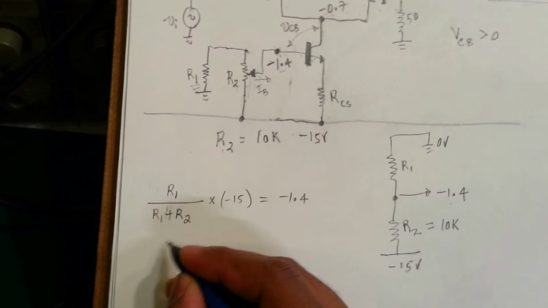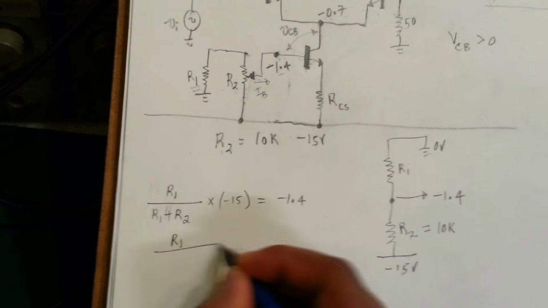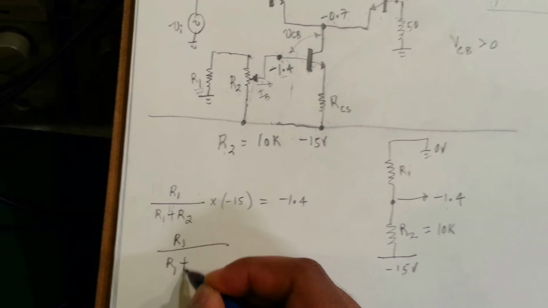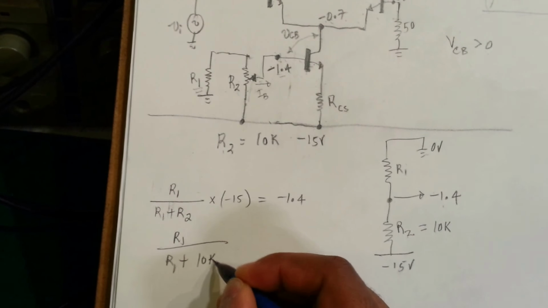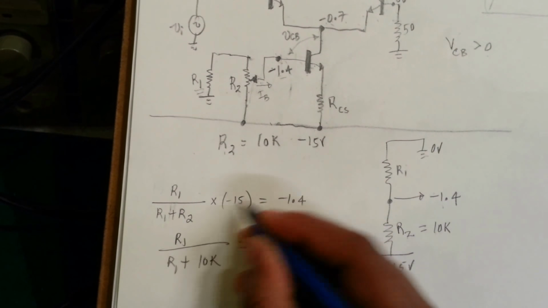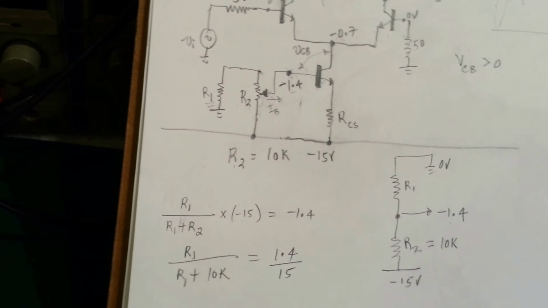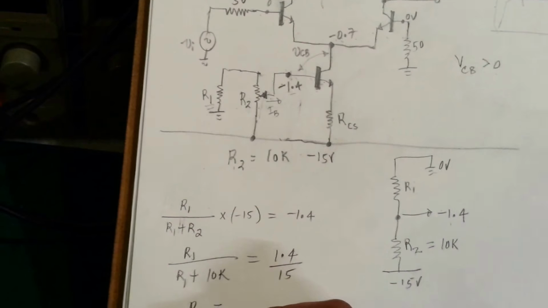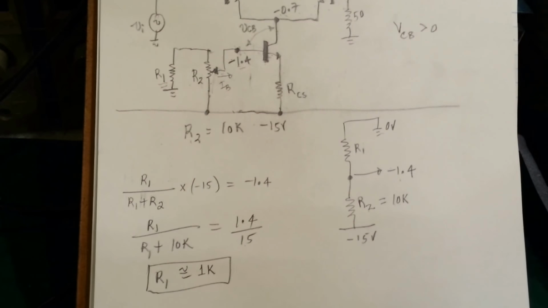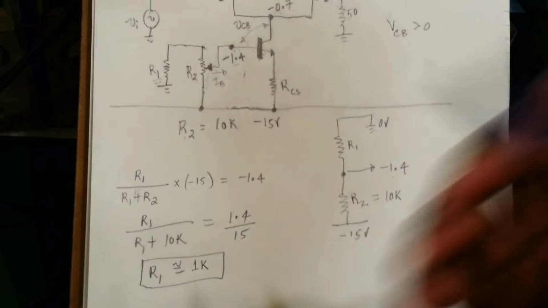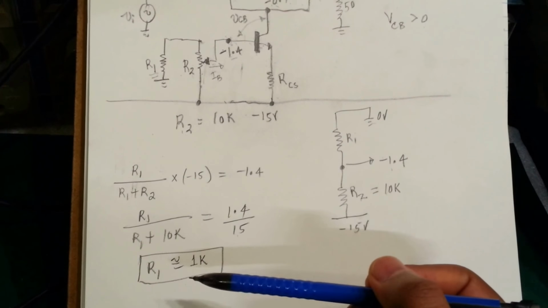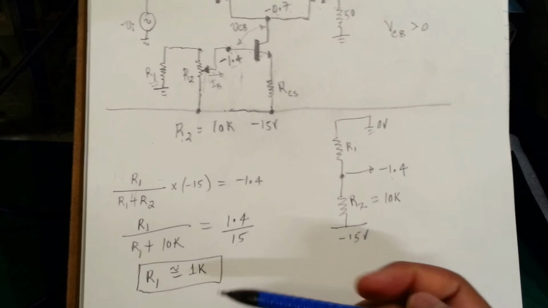If we do this, we know R1 is the one we're trying to find, R1 plus R2, which is 10K, and the minuses cancel, so 1.4 over 15. If we solve for R1, we get, okay, as you can see, the answer is around 1K.